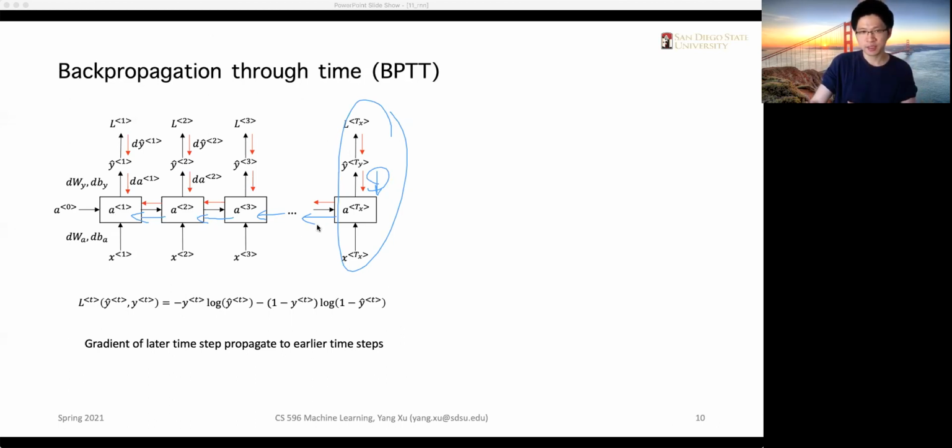There's a lot of dot product needed for each time step, okay? So it makes the computation very expensive, and also sometimes it's not that necessary. For the last time step, it's not necessary to back prop all the way to the very beginning. Okay, so we'll see that a few slides later. We'll see the problem and how we deal with this problem.